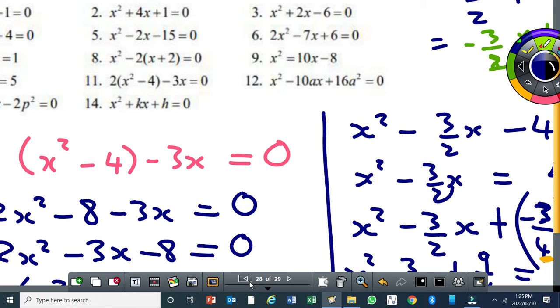This minus 3 over 4 is half of minus 3 over 4... and if you square it, you get 9 over 16. Okay, I understand. Thank you. Okay, so as long as you get the half of the coefficient of x correct, be aware that that number will be part of your binomial. Always.